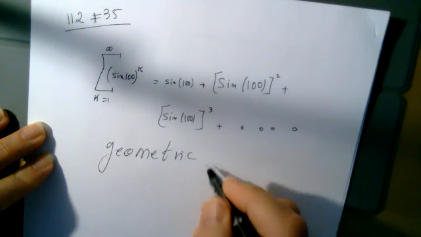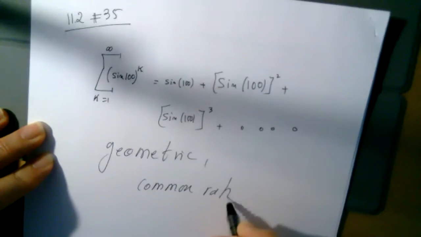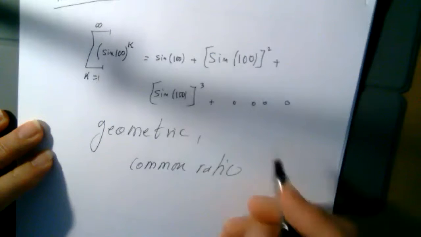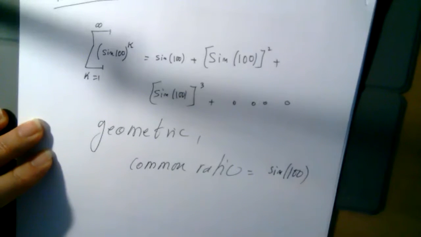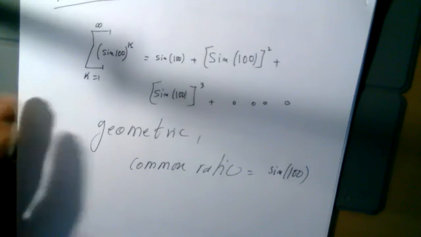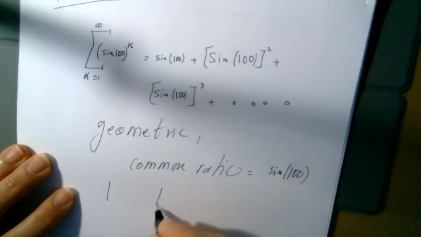And the common ratio here is the sine of 100. Now, is the common ratio less than 1? Yes or no?